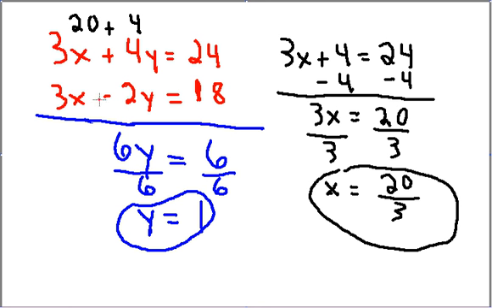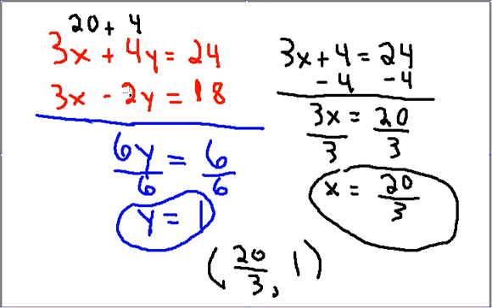I just cleaned it up there by erasing that. 20 over 3 for x. 20 over 3 times 3 is 20. Positive 20. 1 in here for y. 2 times 1 is 2. And this is being subtracted. 20 minus 2 is 18. So we can see, in fact, that that does work. So our ordered pair is x is 20 over 3, and y is 1.